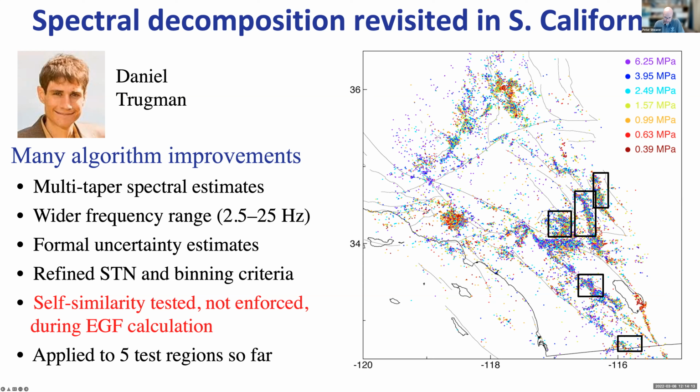The main change that he made in terms of how it affects the results is in our 2006 study, we enforced what is called earthquake self-similarity, which means that large earthquakes are just scaled up versions of small earthquakes.